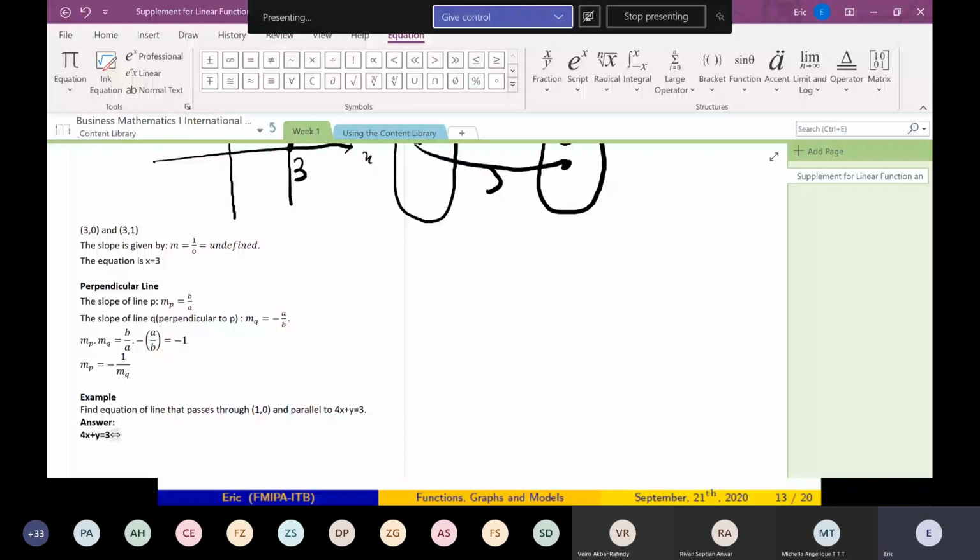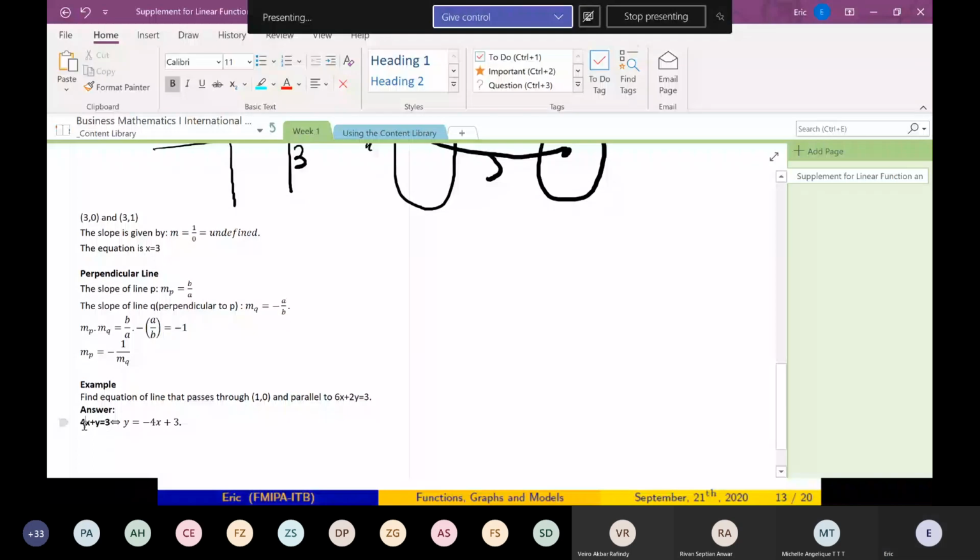Or let's say this: 6x plus 2y equals 3. Let's change this so you know what happens. So you have 2y equals minus 6x plus 3.